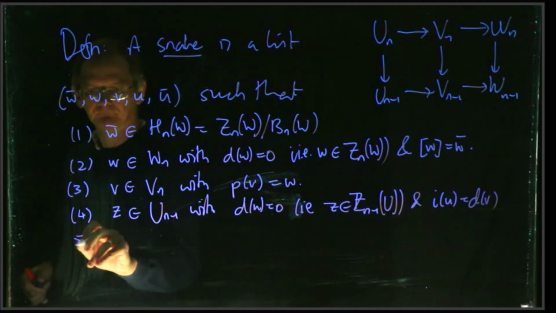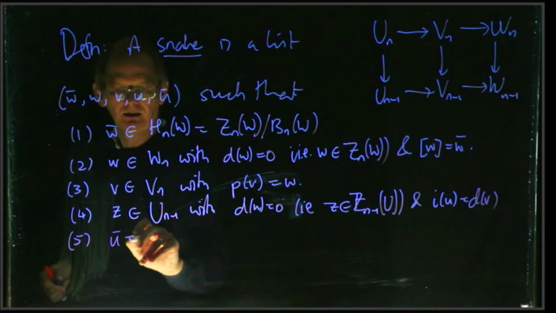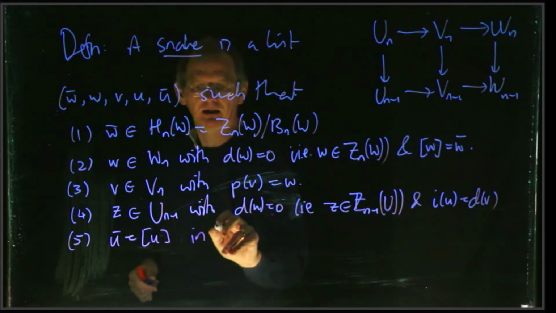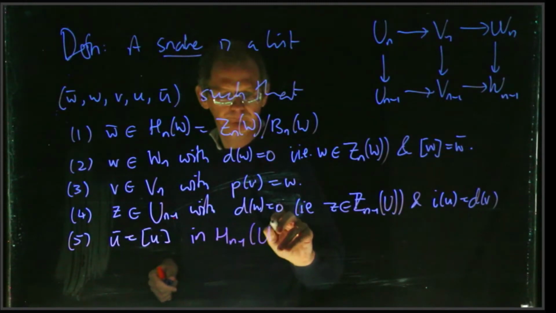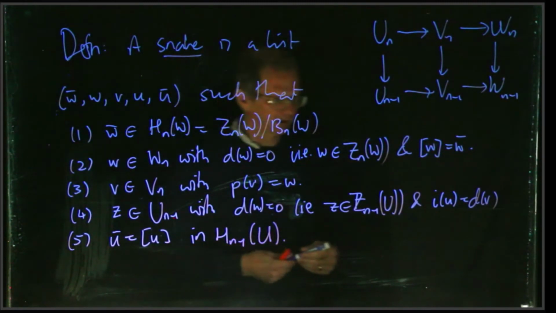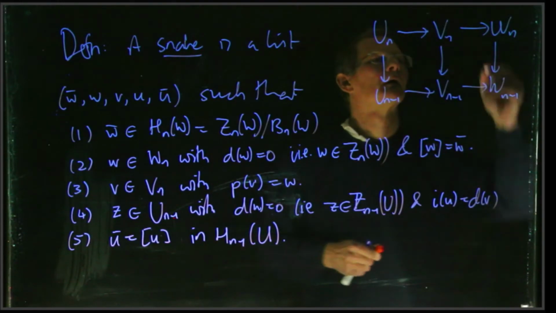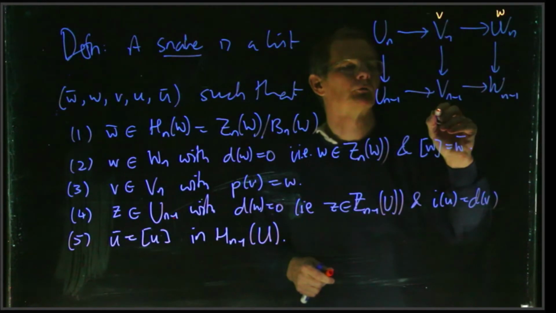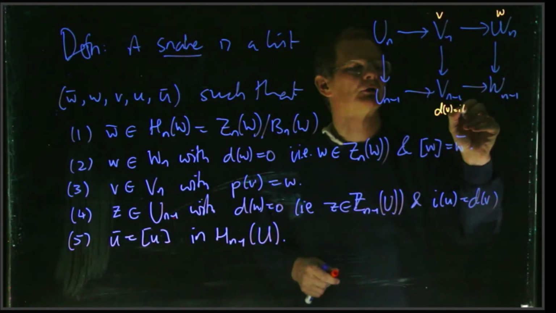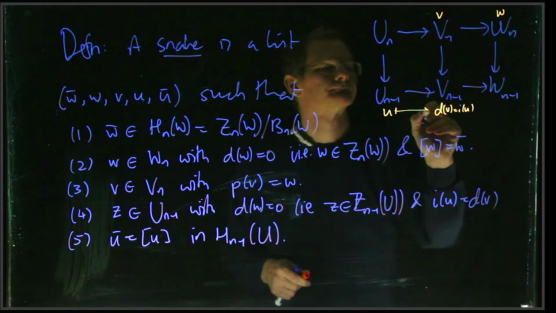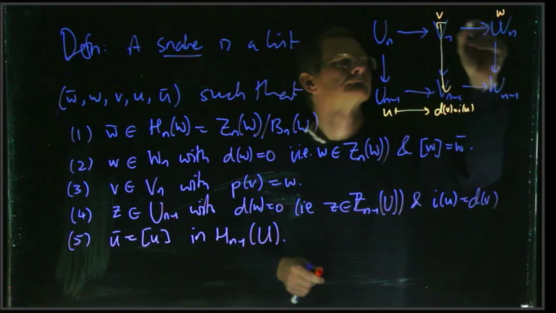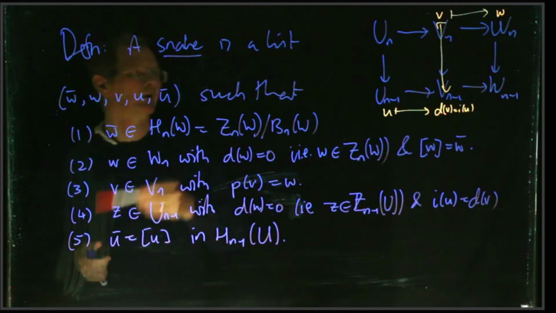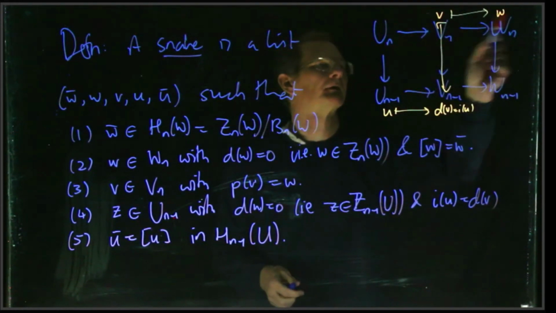And fifthly, U bar is the homology class corresponding to U in the (n-1)st homology of U. So again, we can show where all these things lie. Here you've got your W, your V, your dV is IU, your U here. And then you've got your U bar and your W bar, which correspond to this W and this U there.